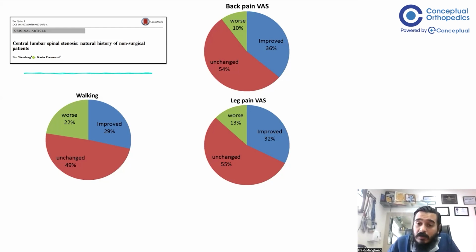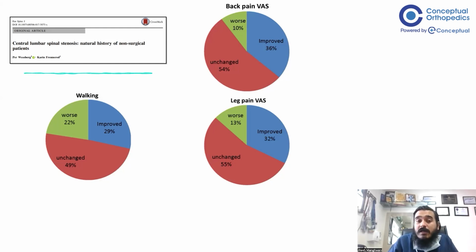One important thing to see over here is that the walking capacity is deteriorating in regard to the leg pain and the back pain. So even if the pain is not increasing in intensity, the walking capacity is getting impacted.